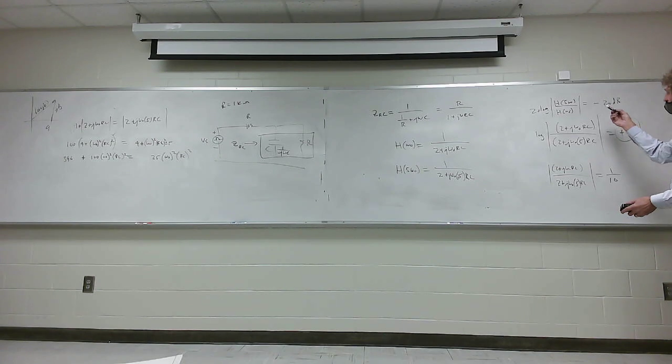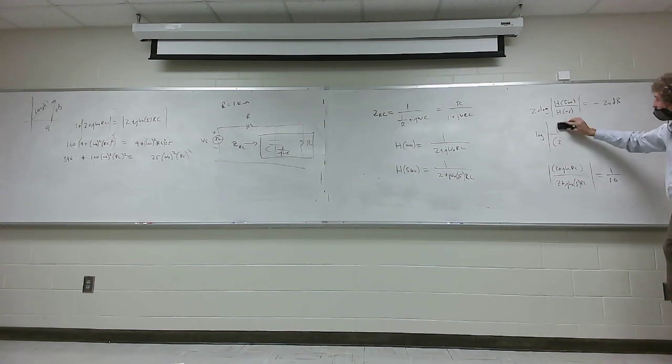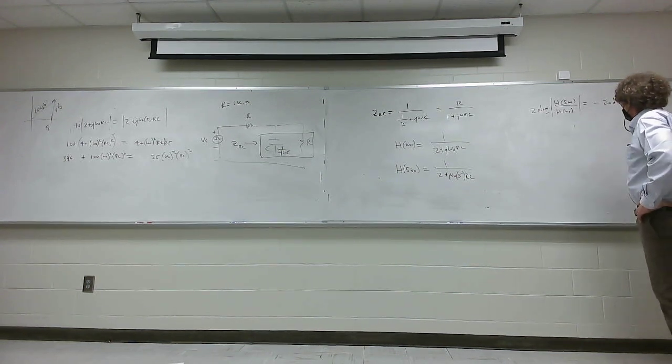For a 20 dB reduction, what I should have here is H of omega naught over H of 5 omega naught, if it's a reduction. Follow me on that? Wait a second, maybe I'm wrong about this. No, that's right, because 5 omega naught is supposed to be the smaller.